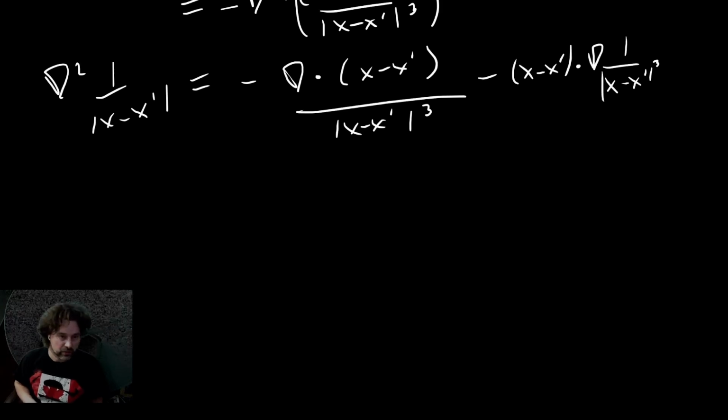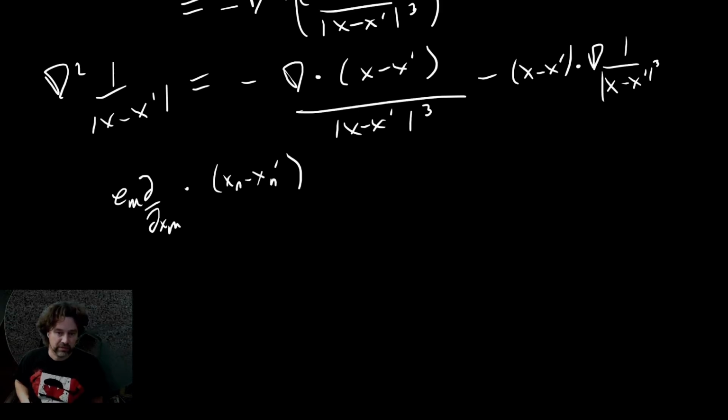So if we write that out in coordinates, we have e_m times d/dx_m dotted with (x_n minus x_n prime) e_n. We pick up only the m equals n components, and for each one of those we get a factor of 1, so that is 3.